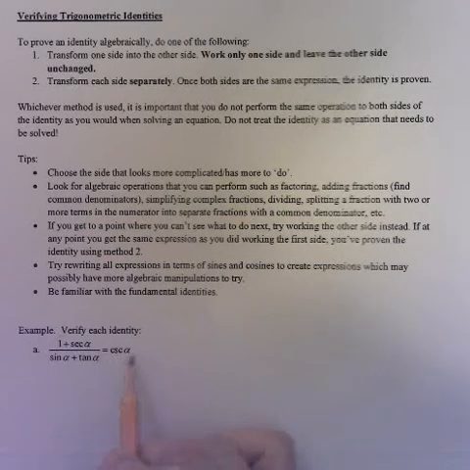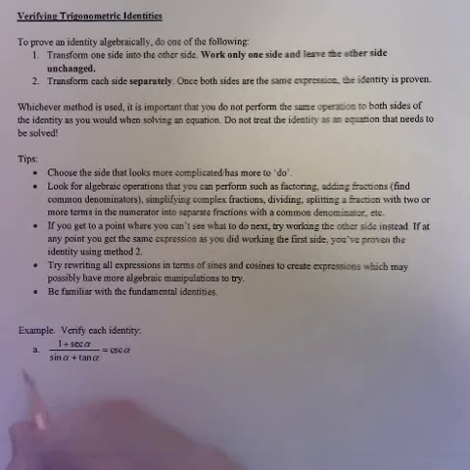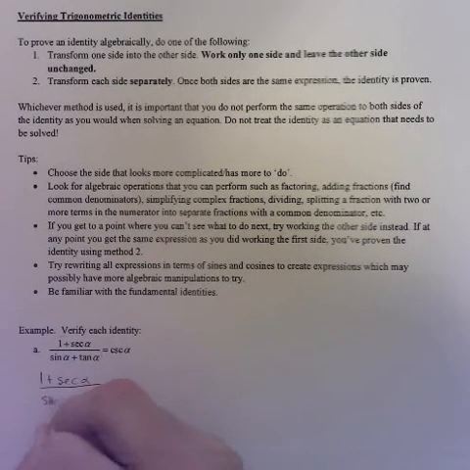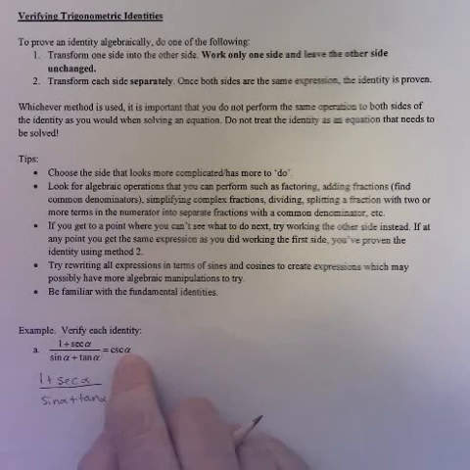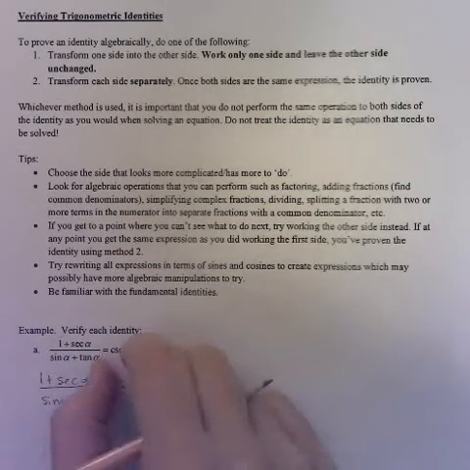With that, all I would think about was, well, that's 1 over sine alpha. I'm still not seeing that those two sides are equal. So I'm going to start with this side, and then I'm going to try to transform that into cosecant alpha. So I'm just going to leave that part up there.